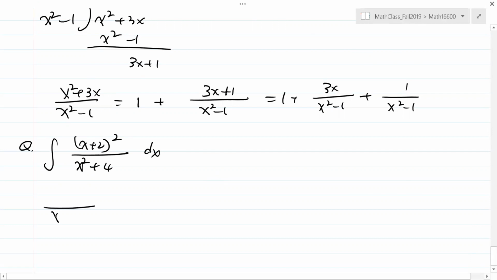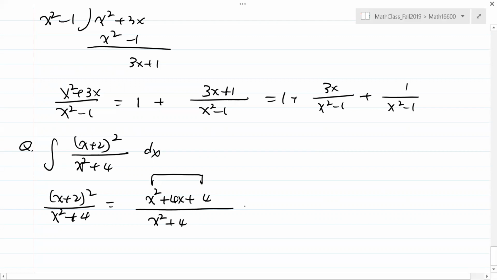If you're very good in algebra, then you can do it. So the denominator is x squared plus 4x plus 4, right? And then it's easy to see that x squared plus 4 shows up in the numerator. So you give me x squared plus 4 and plus 4x.